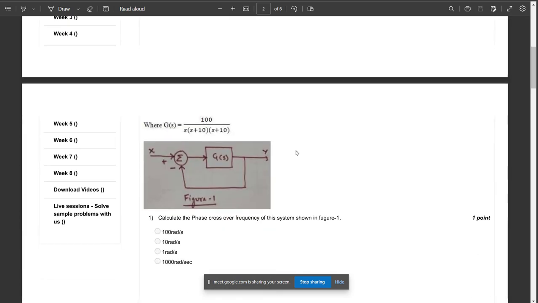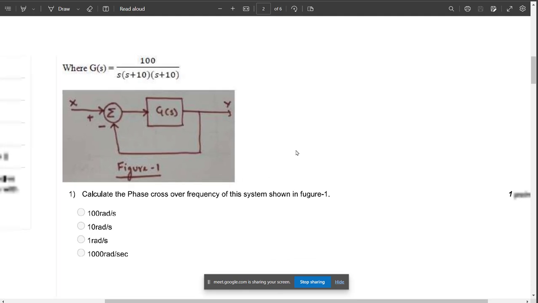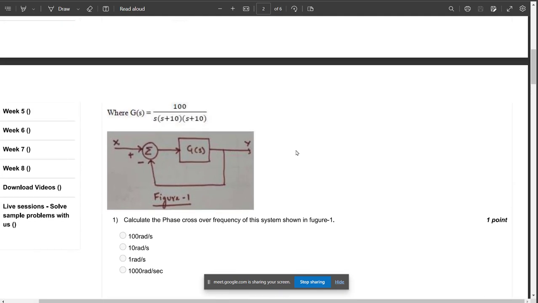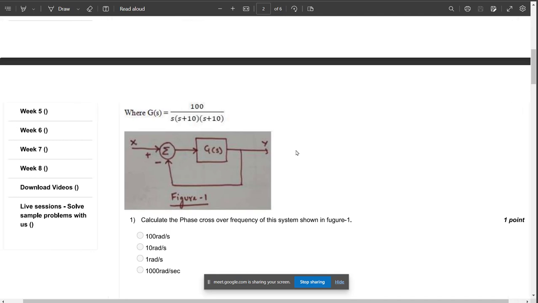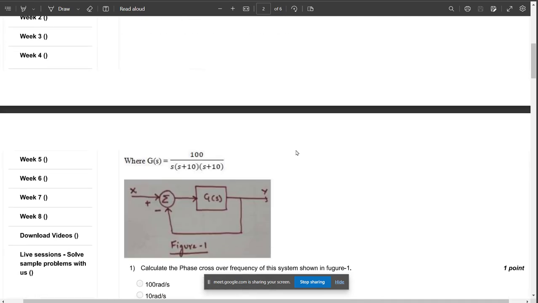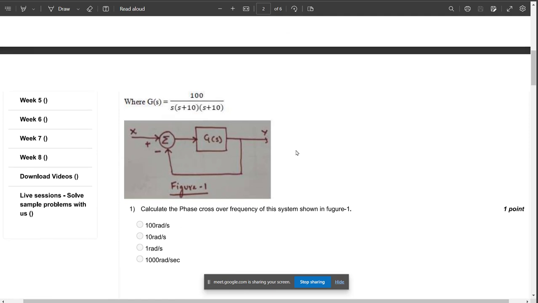I believe that is a better and interactive way to solve a question. If you get any doubt, you can ask me while I am solving the question.